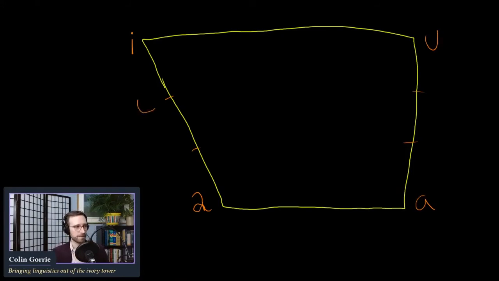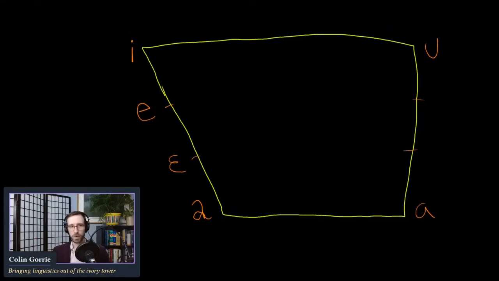So we have these two vowels, E and E. These are the mid vowels. We have the more close mid A or high mid A, and then the more open or low mid E. And similarly in the back vowels, these are going to be rounded. We have the high mid O and the low mid O.